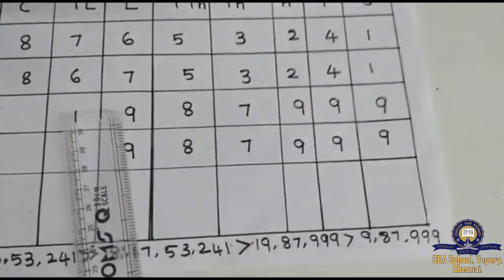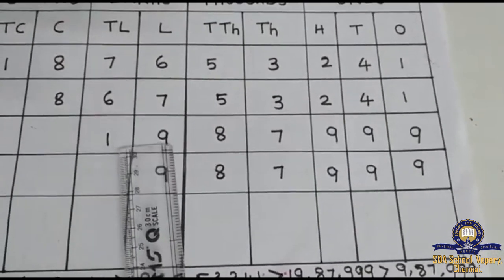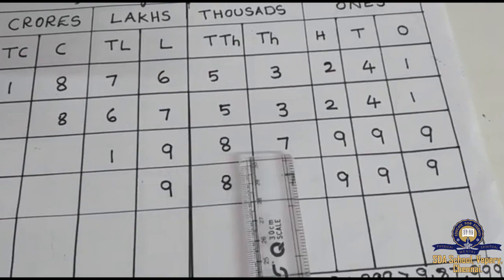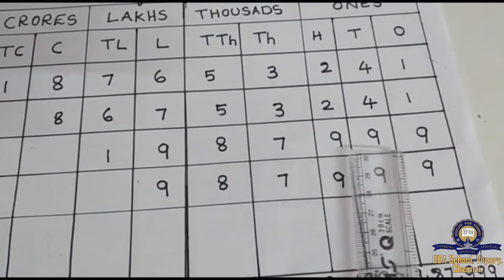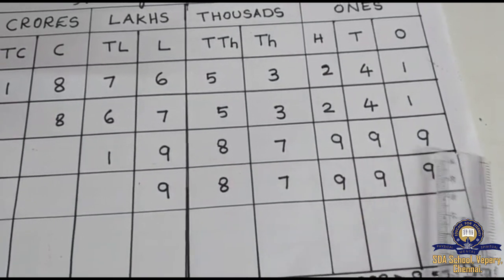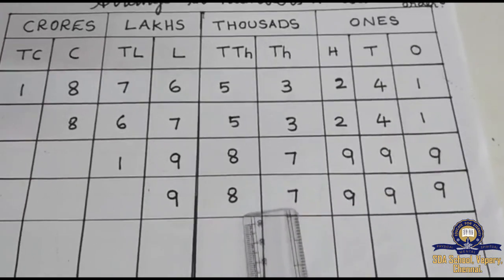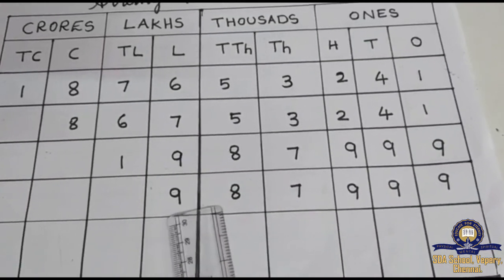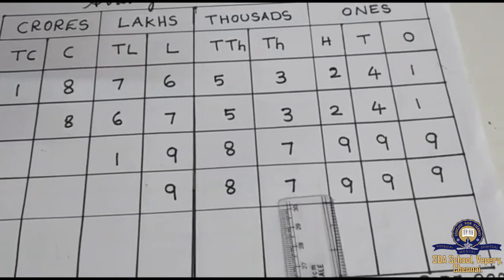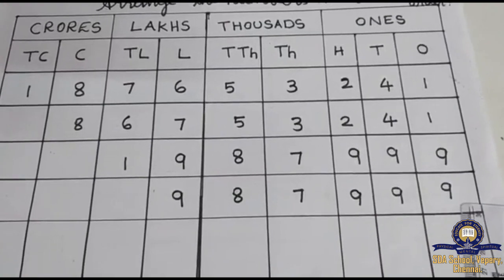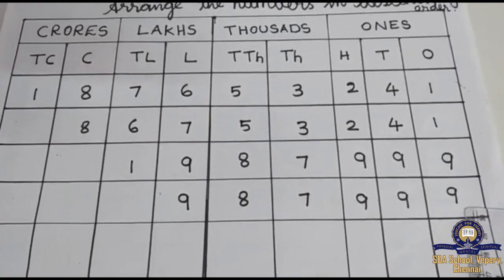And then this number is smaller than the previous number. 19 lakhs 87,999. Got it? Now the lowest number, 9 lakhs 87,999. That is the lowest number.